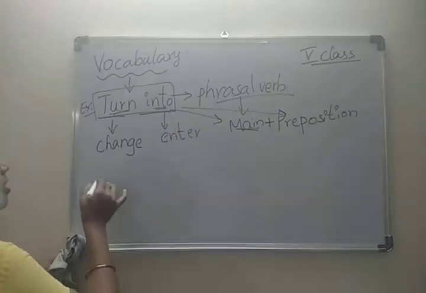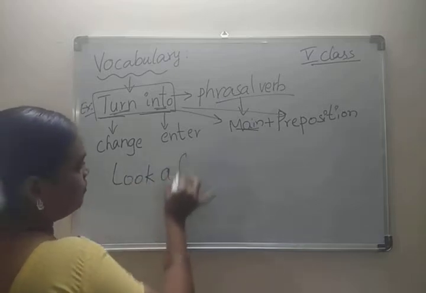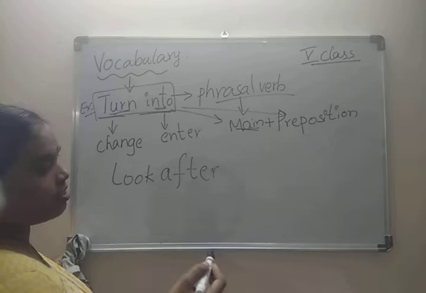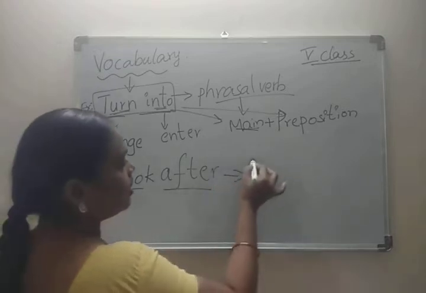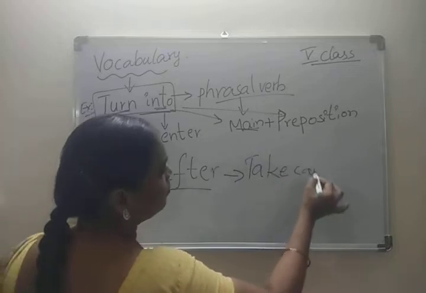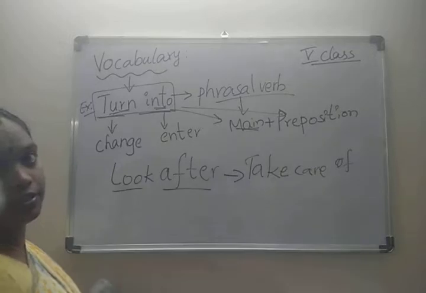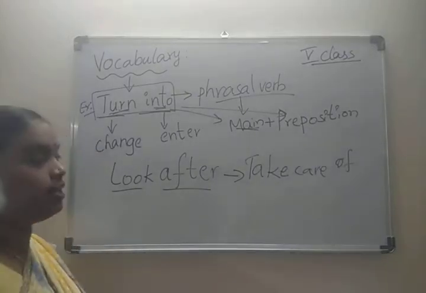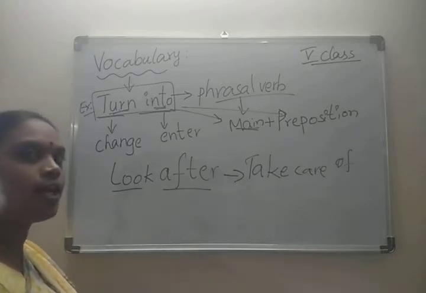I will give another example to you. Look after. Yes, Ramanatha tended all the banana plants like his children. So tended means taking care of. He looked after his banana plants like his children, because he wanted the potion from the banana leaves.